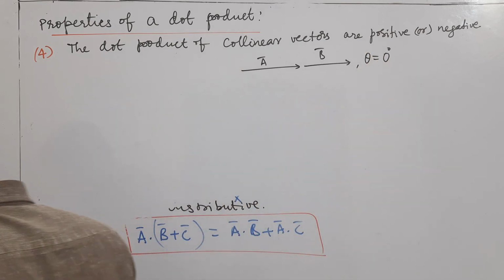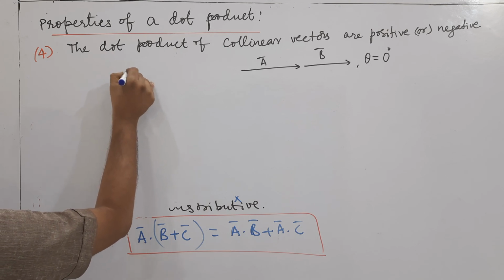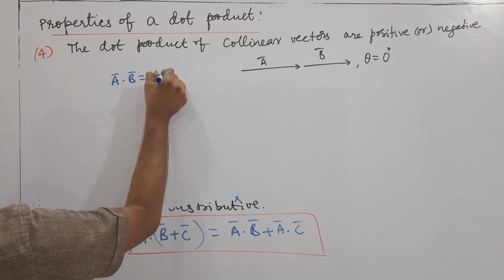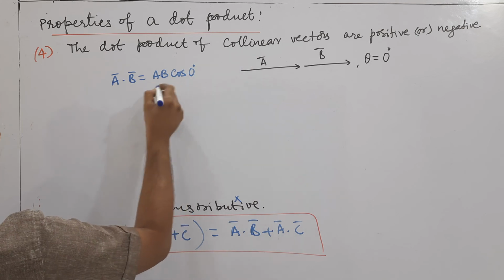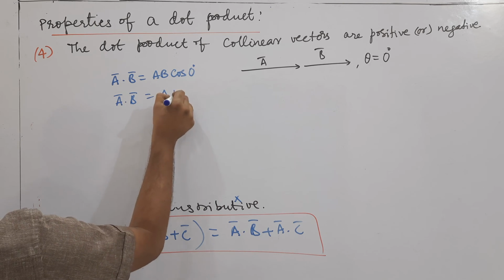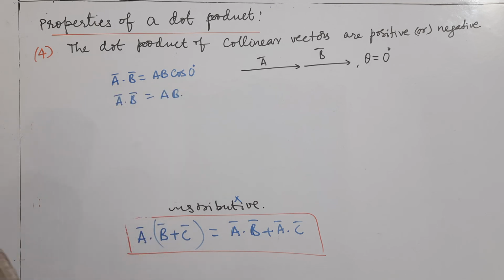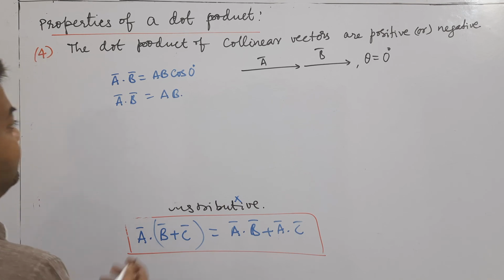When theta is equal to 0, how can I write? A bar dot B bar is equal to AB cos 0. Cos 0 is 1. That's why we can write A bar dot B bar is equal to AB.